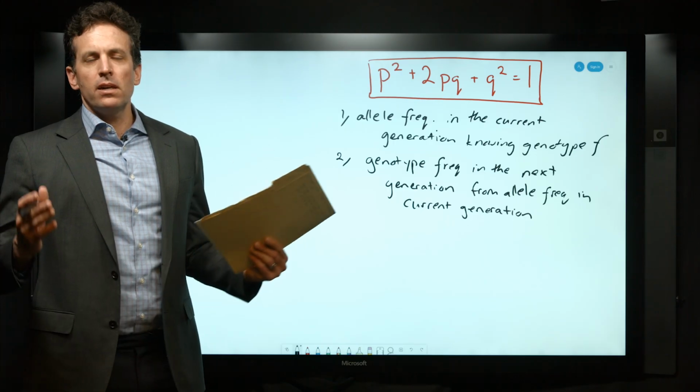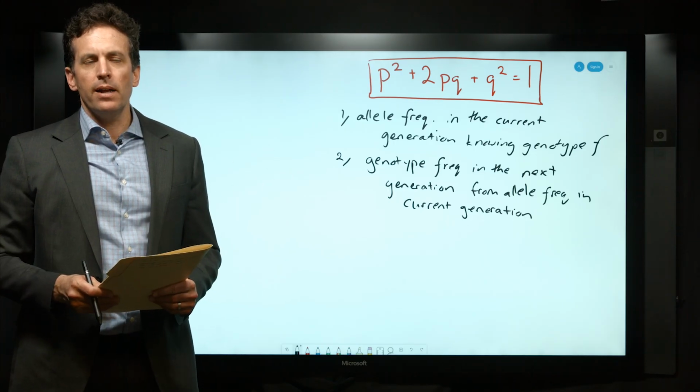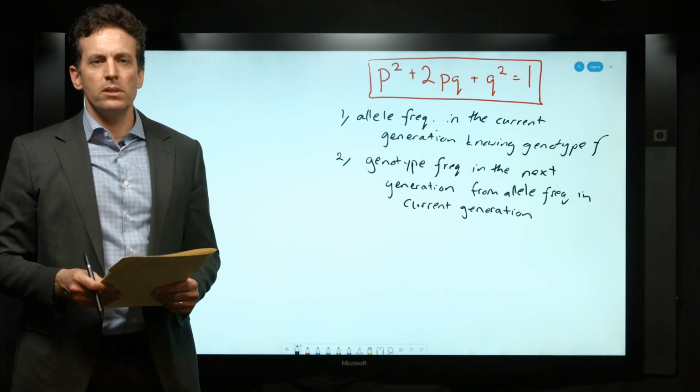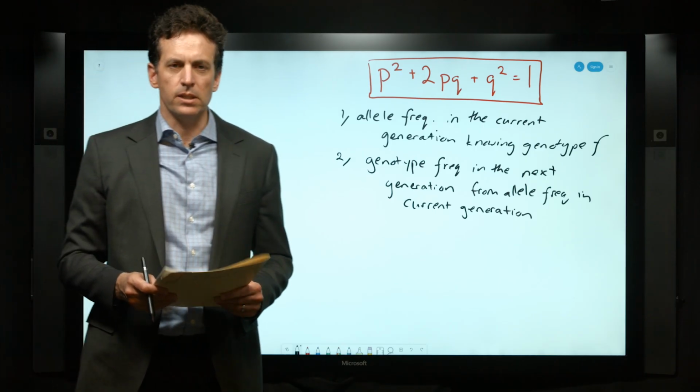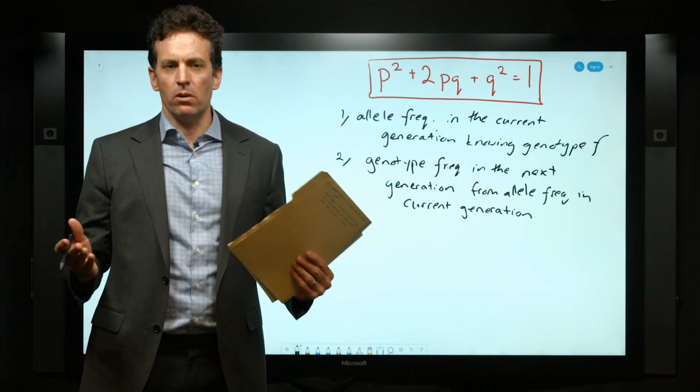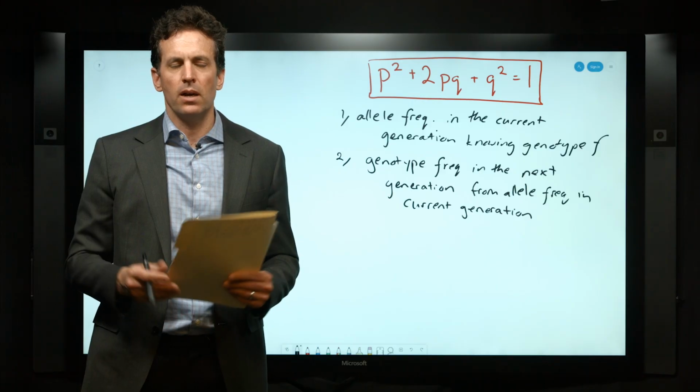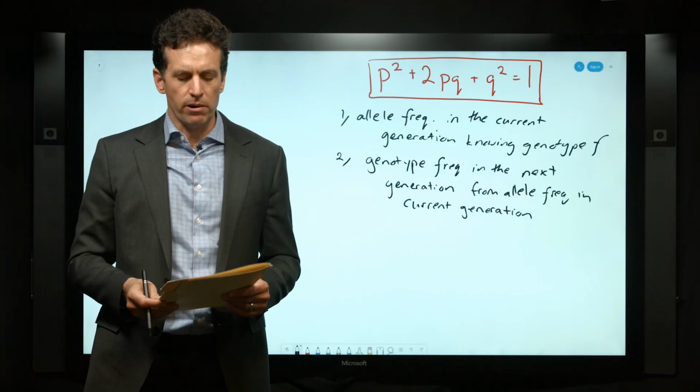Let's consider the Irish population. In Ireland, there is a high frequency of the autosomal recessive disease cystic fibrosis. It's a disease we've encountered, and we know it's autosomal recessive. It occurs when you have two carrier parents.